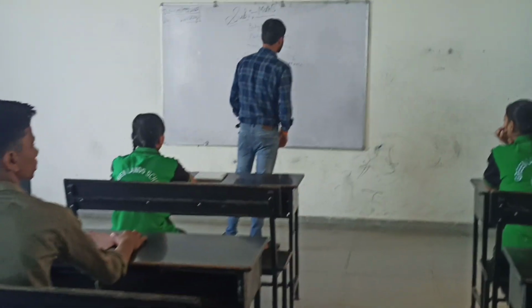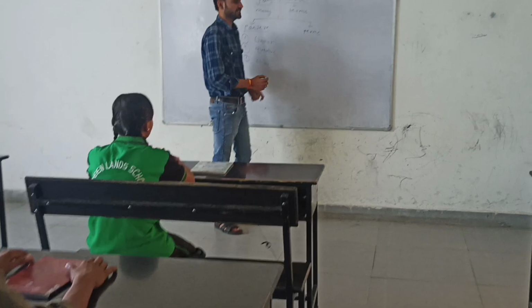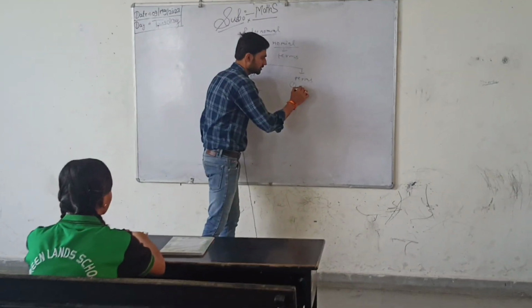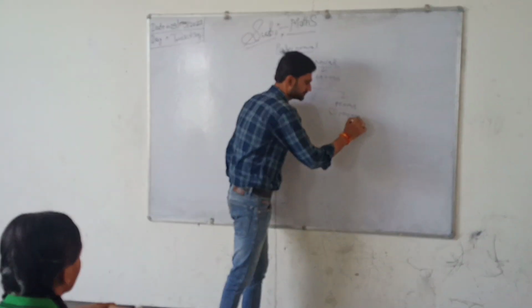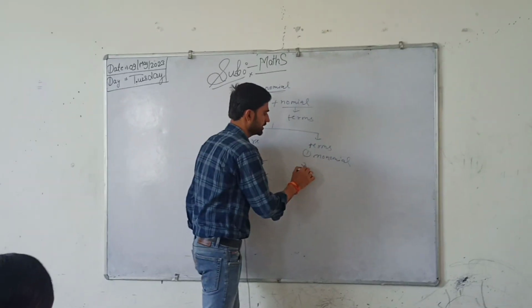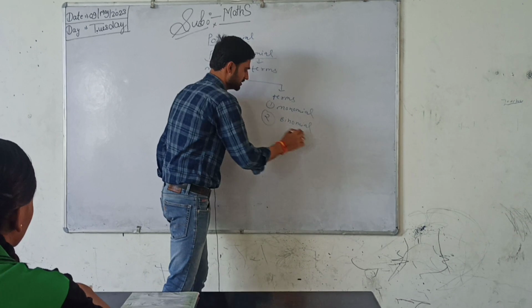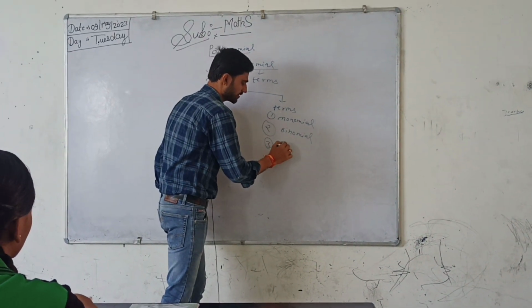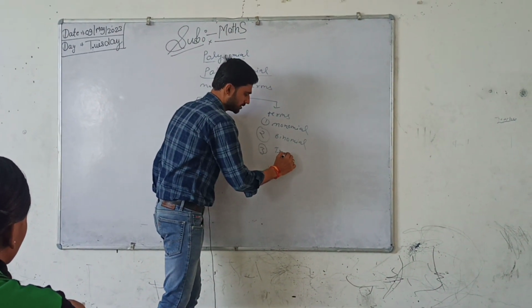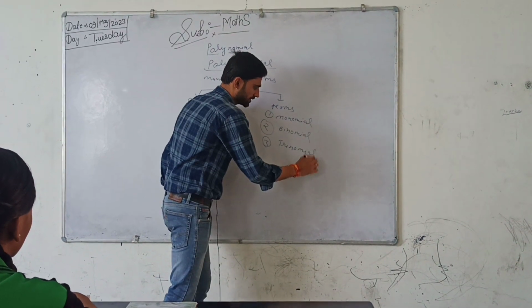If we talk about the terms, firstly it is a monomial. Second one is binomial. Third one is trinomial, and so on.